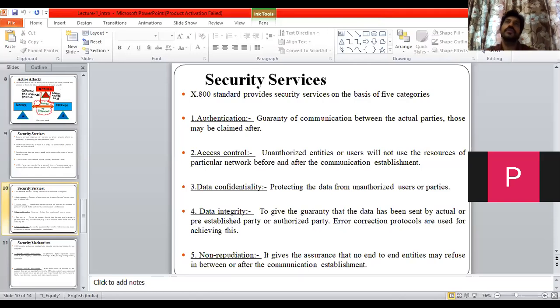Then the access control. An example for this: when you attach a data file and try to send it through Gmail, and the size of that file is more than 25 MB, it will be sent through Google Drive.